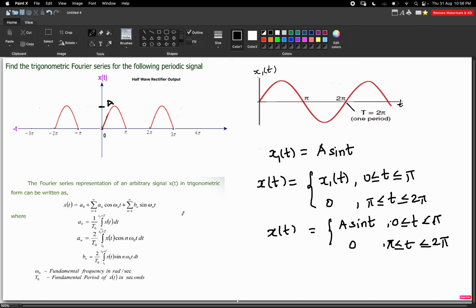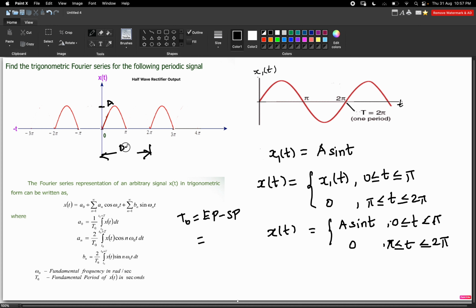So you know t naught value equals ending point minus starting point. So in this case, what is a full cycle here? The portion starts at 0 and ends at 2 pi. This portion is called one cycle.